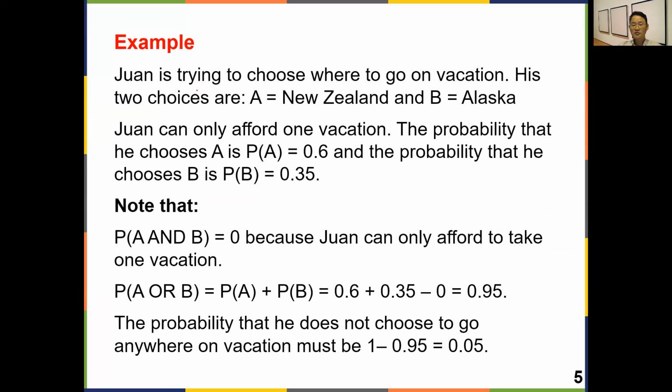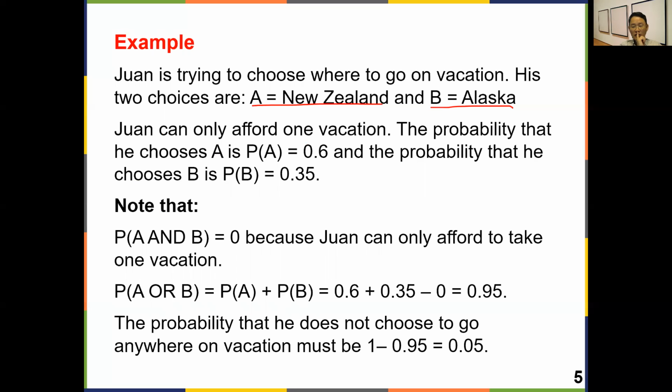Now, one is trying to choose where to go on vacation, and he has two choices. Either he wants to go to New Zealand, or he could go to Alaska. I guess he's a nature kind of guy. Now, he can only afford one vacation.